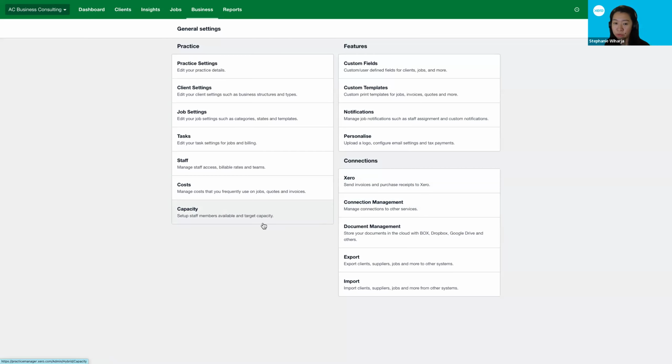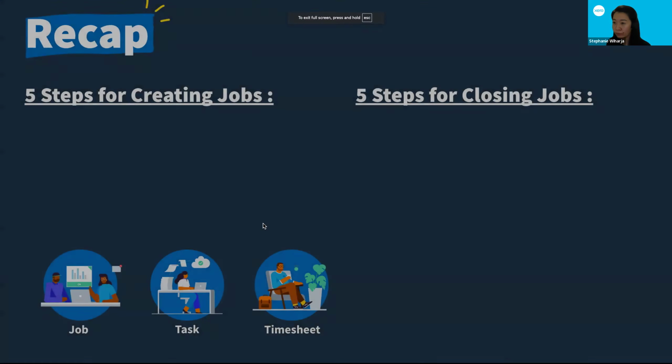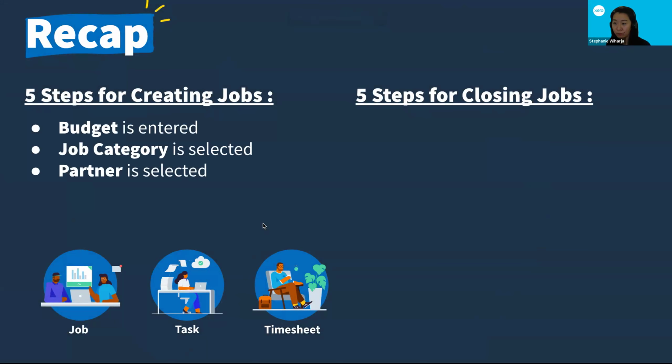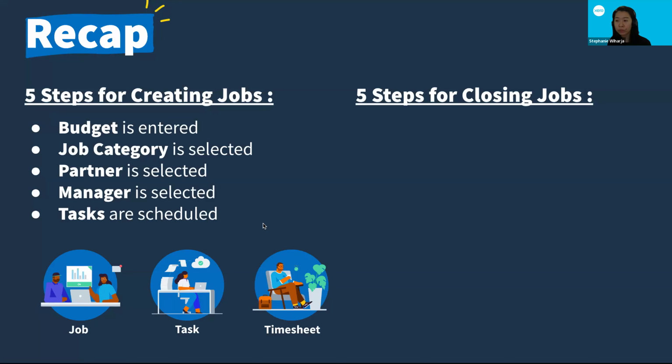So now let's do the recap. 5 steps for creating jobs. We need to key in the budget when we create the job. We need to choose the job category. We choose the partner, manager, staff, and also tasks are scheduled.